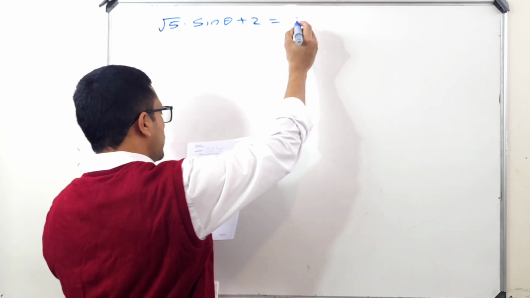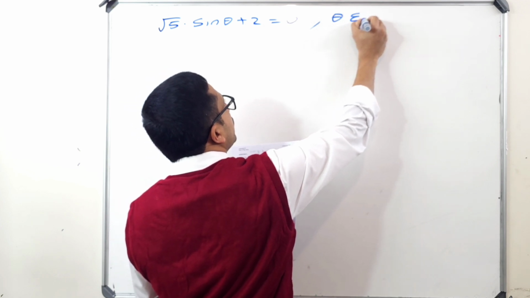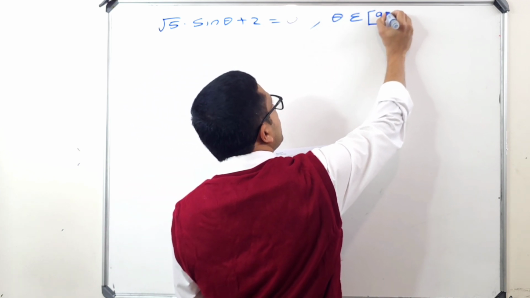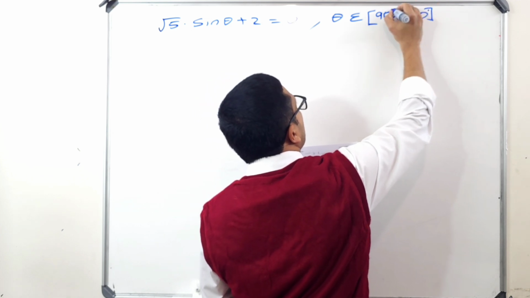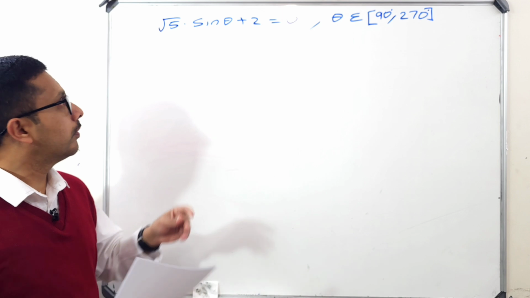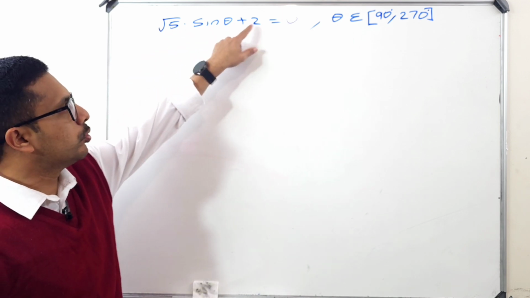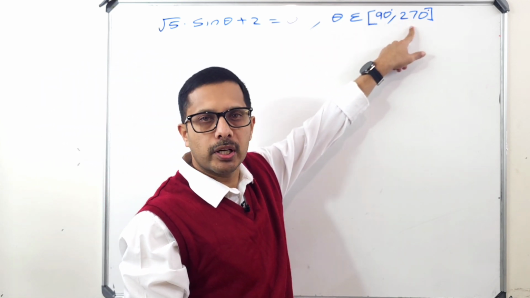And also it is given that theta is an element of 90 to 270. So what is the question? Square root of 5 times sine theta plus 2 is equal to 0. Theta is an element of 90 to 270.